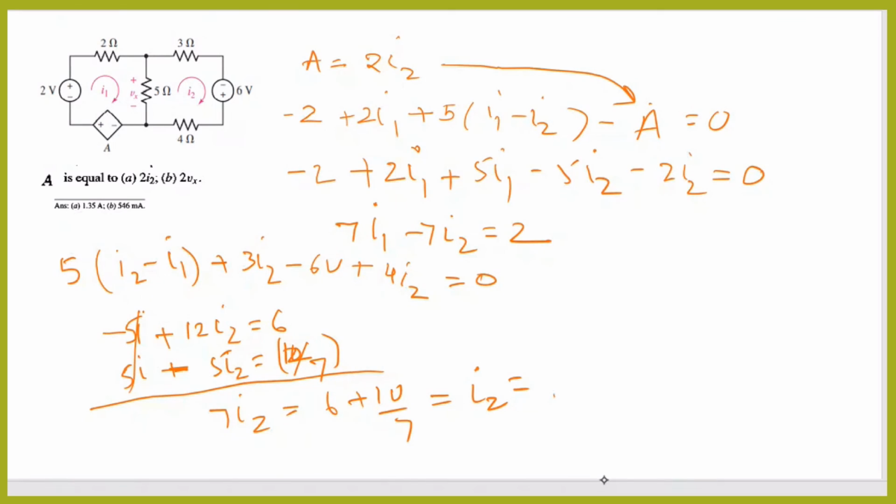Tell me the I1 answer also. Yeah, anybody solving in the class? Yes, sir. So tell me the answers. Once you solve, 6 plus 10 by 7 divided by 7. It's very simple. Why are you taking this much time?